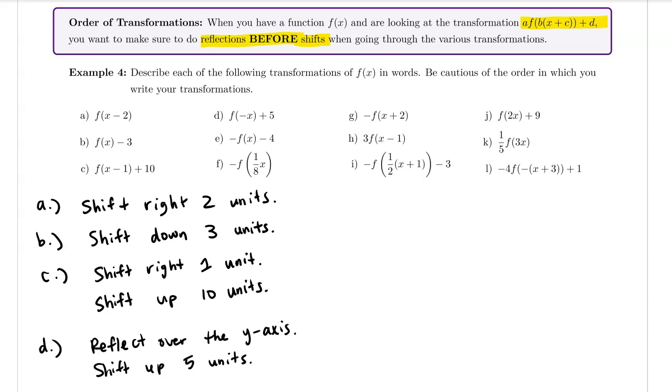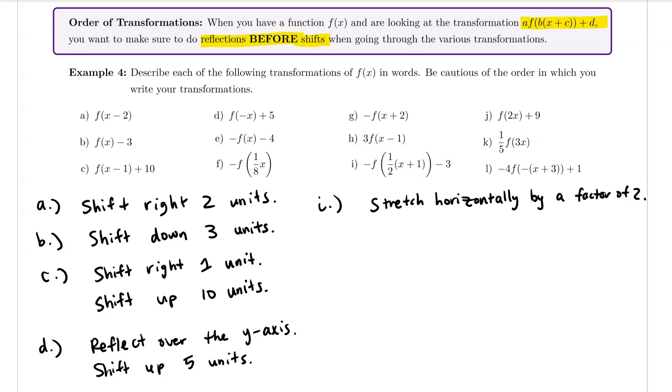Let's work on I. So I, we have several different transformations that are taking place. And again, we want to make sure that we do reflections before our shifts. So let's deal with the 1/2 first. What that's going to do is it's going to stretch horizontally by a factor of 2.